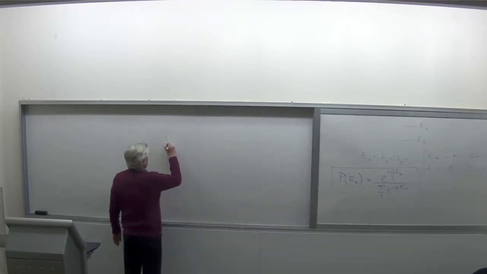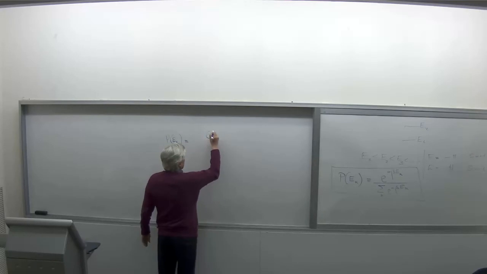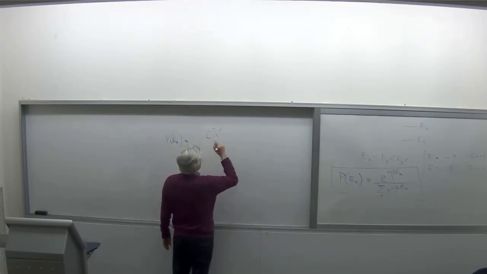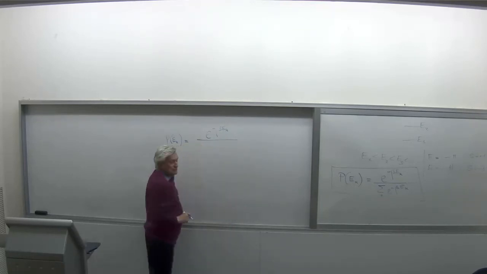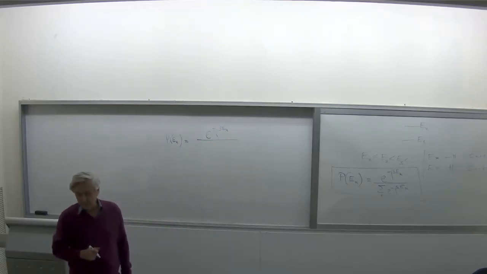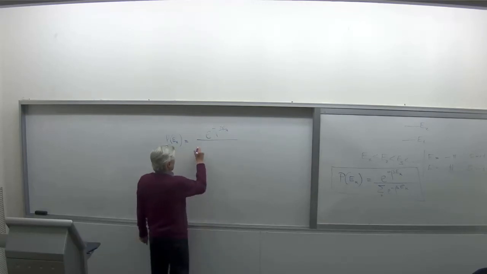P of Ek, I can write that as e to the minus beta Ek divided by the sum over all the possibilities. And let me now write all the possibilities as follows.